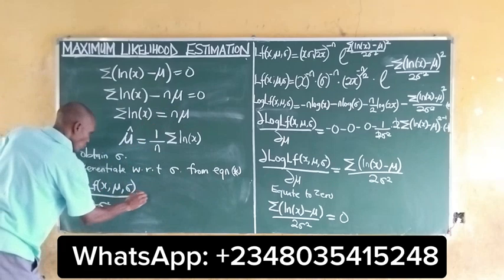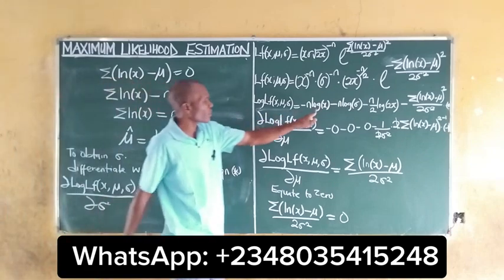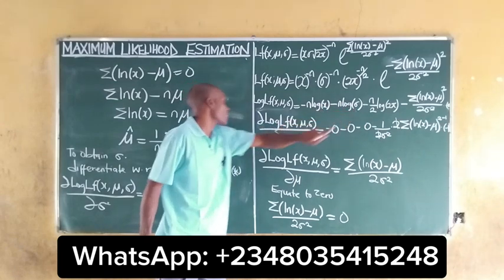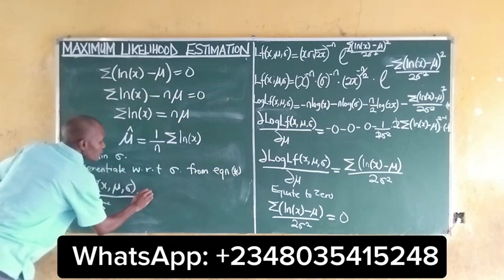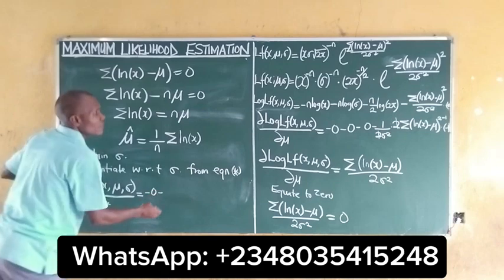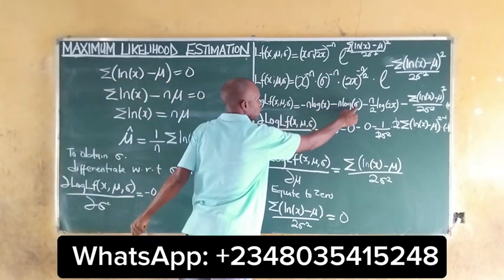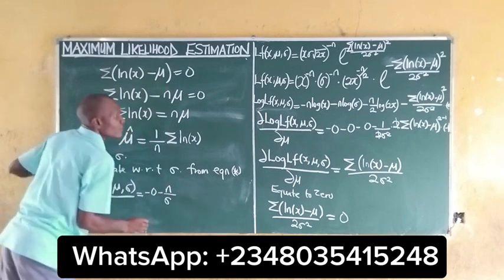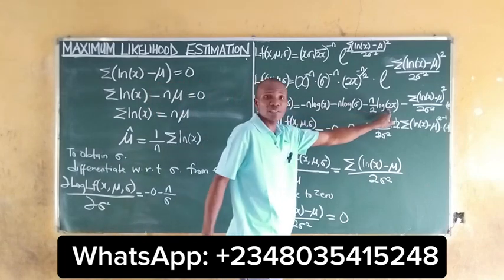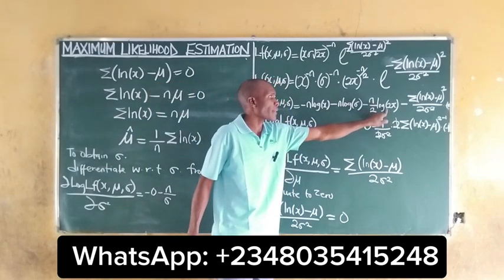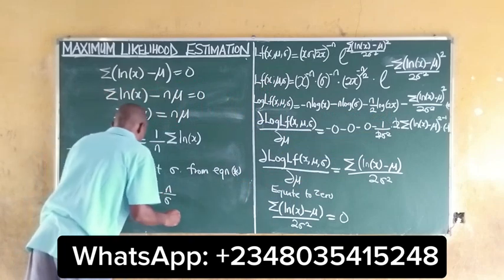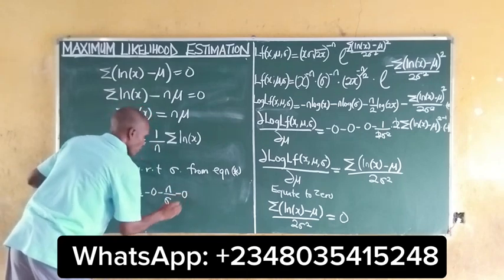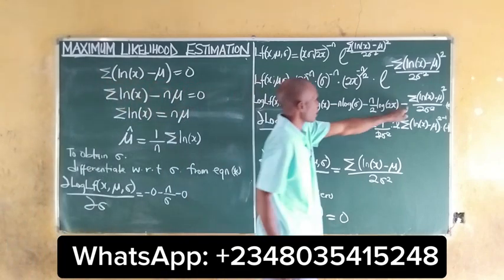Of course, there is nothing like sigma here, so this becomes 0. We have sigma here, so we differentiate this. It gives us negative, and if we differentiate this, we get n all over sigma. Of course, if you differentiate this, there is nothing like sigma here, so we say minus 0.